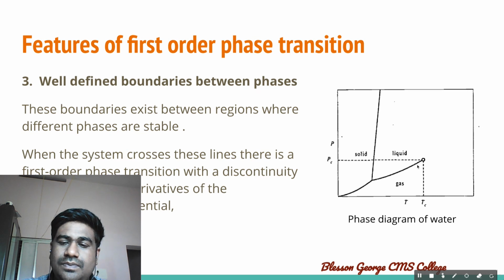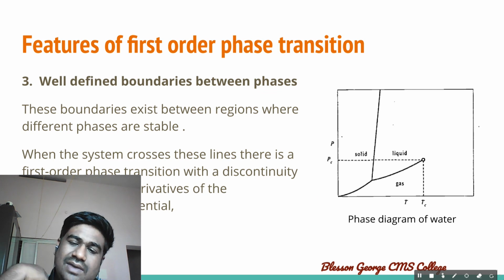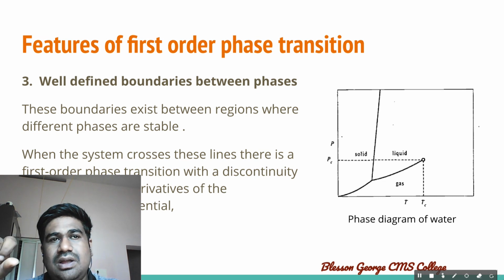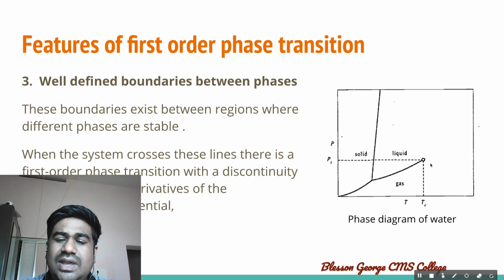You know why? If we increase the pressure further and further, the liquid cannot get compressed, so its free energy reaches a limit. And if we increase the pressure on gas, the gas becomes compressed, its entropy becomes minimum, and eventually at one point the free energy of liquid and free energy of gas become the same and the difference becomes zero. Since there is no difference, there will not be any phase transition.